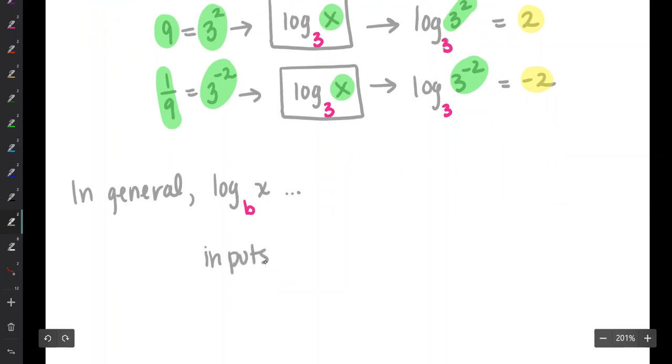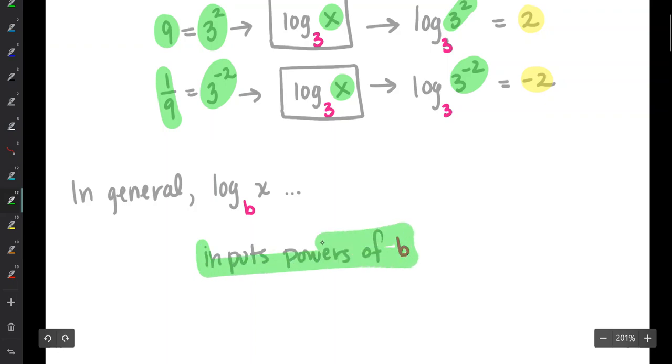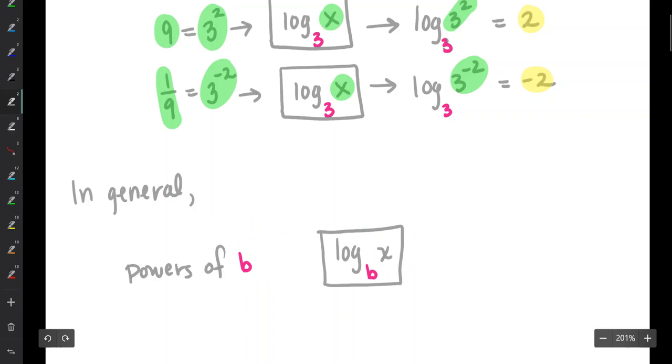Our inputs are powers of b, that is what goes in, and what comes out are the exponents. I decided to keep it with the arrows. I think that's nice. Powers of b go in, and what comes out are the exponents.